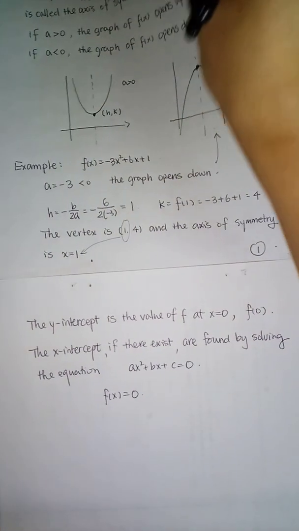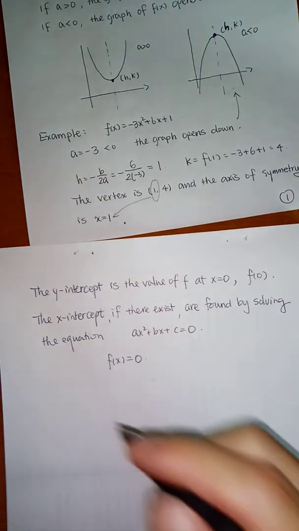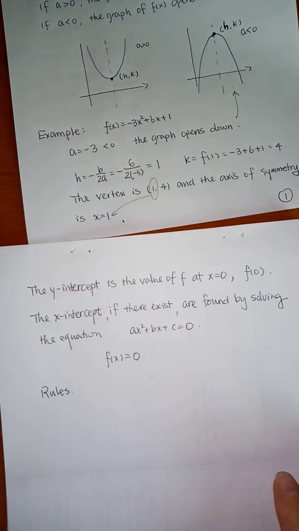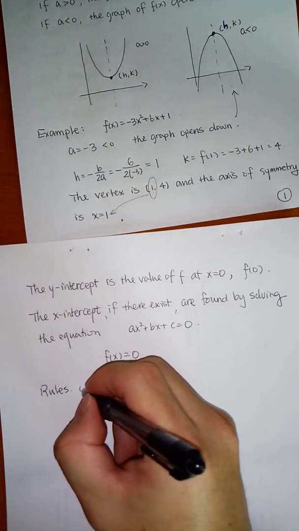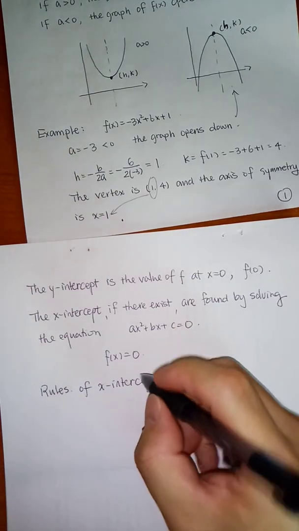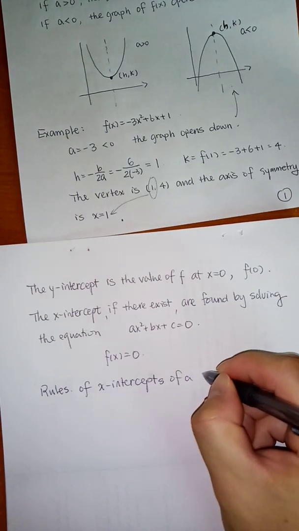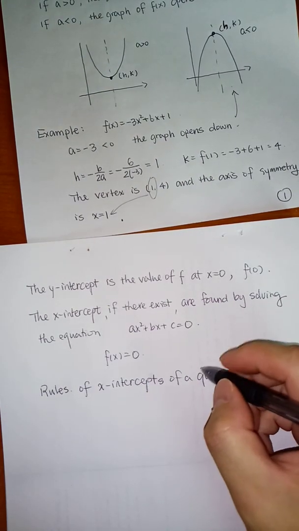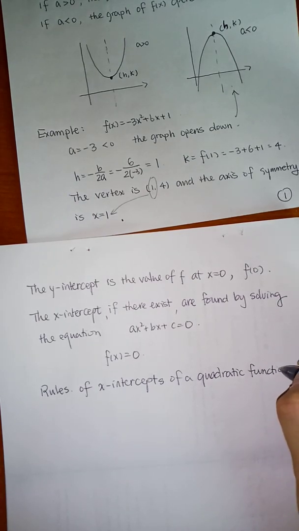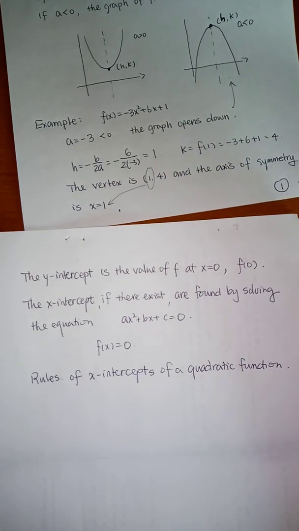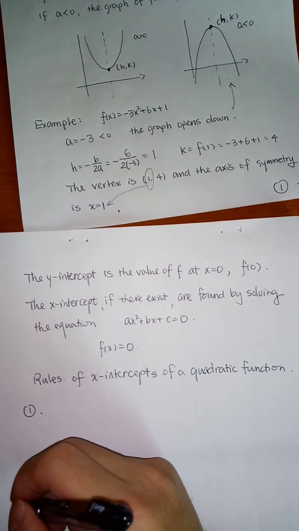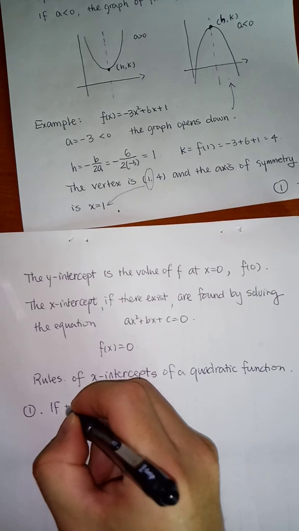And with careful computation, we can see that there are rules about the x-intercepts of a quadratic function. Number 1, the discriminant.